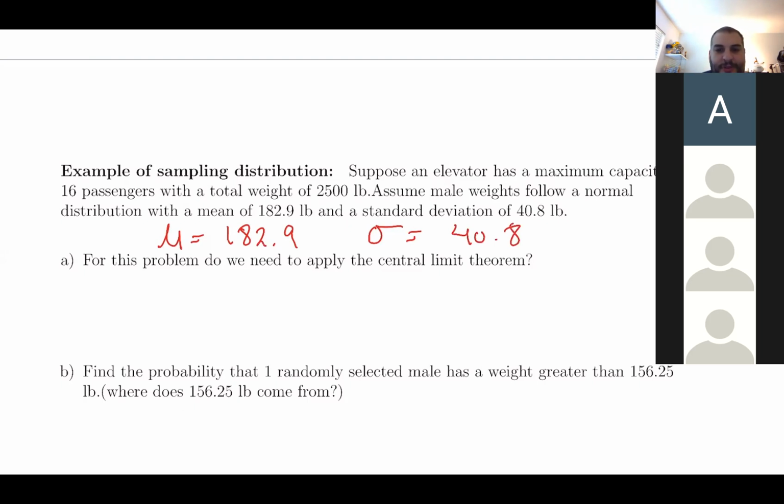Lastly, do they tell me what type of distribution we have? Normal. Normal, perfect. Everybody go mu is equal to 182.9, sigma is equal to 40.8, and that this is a normal distribution.